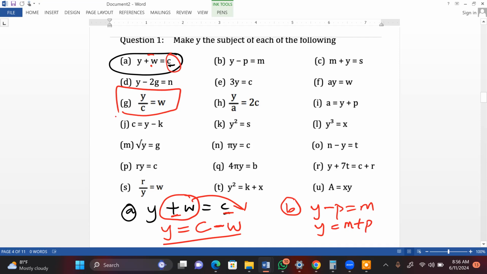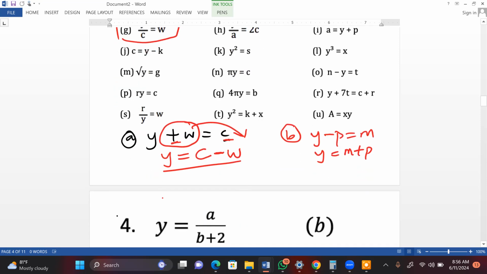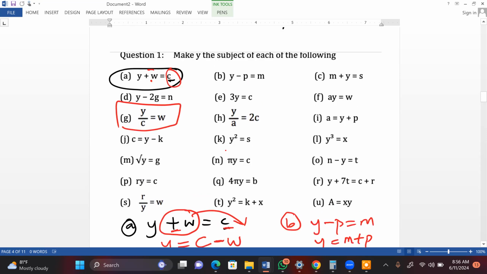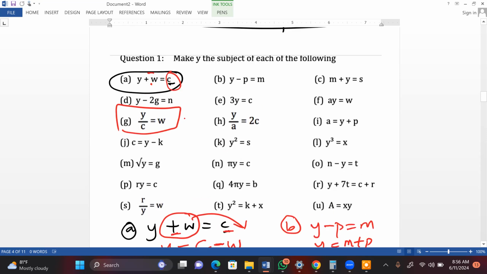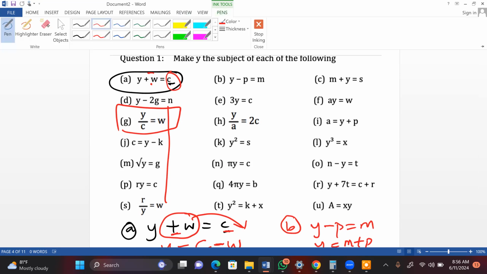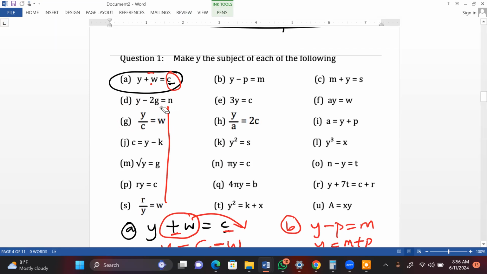So G involves fraction. So let me move down. Okay, I can still do it here. So I'm looking at G now.